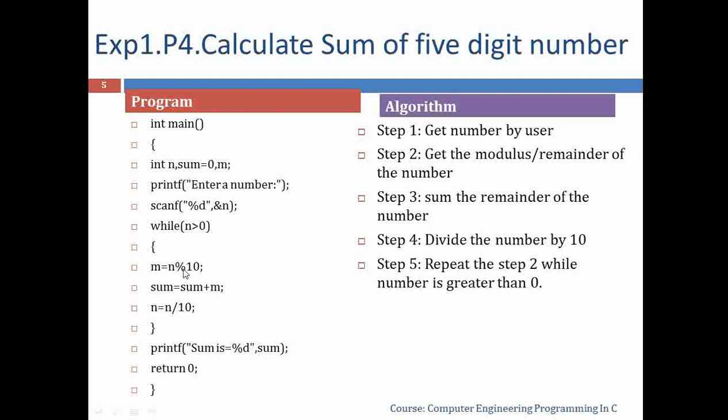Which is the remainder after this calculation, that remainder assigned to the m variable and this remainder value, the last digit remainder, assigned to the sum. So initial sum value 0, sum plus remainder, then we'll get 1-digit summation.